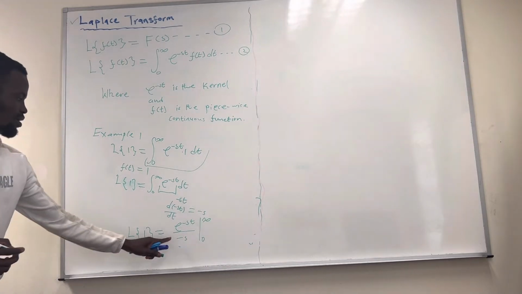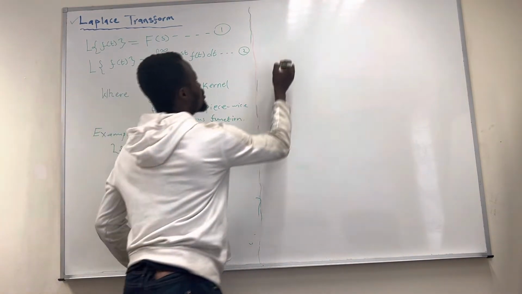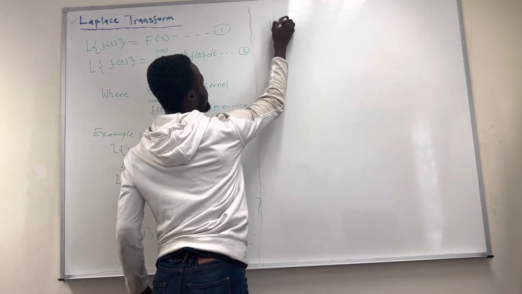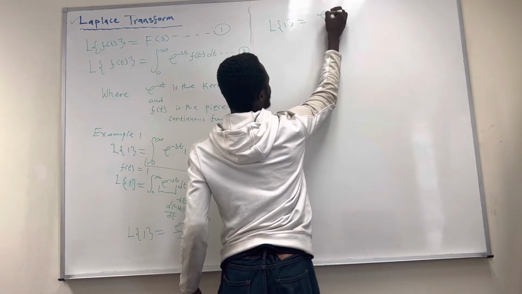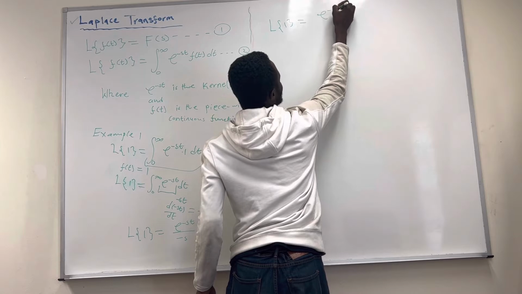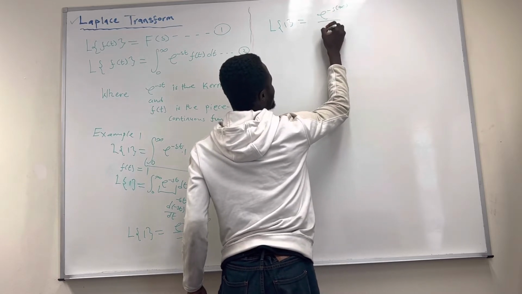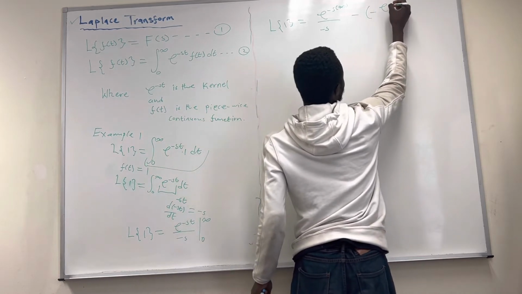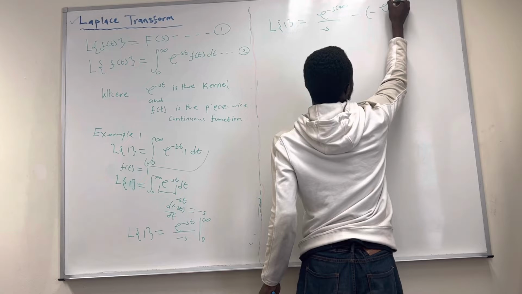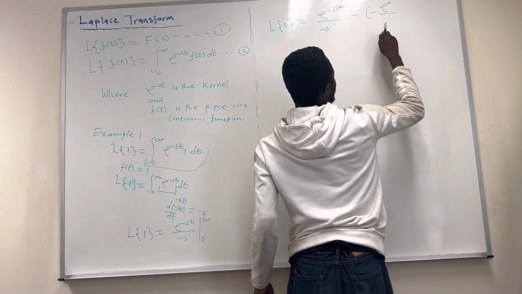Okay, now we just put in the limit. So we have the Laplace of 1 equal to e to the negative s, wherever we see t, we put in the infinity, minus, we put in 0. 0 times any number is 0, divided by s.